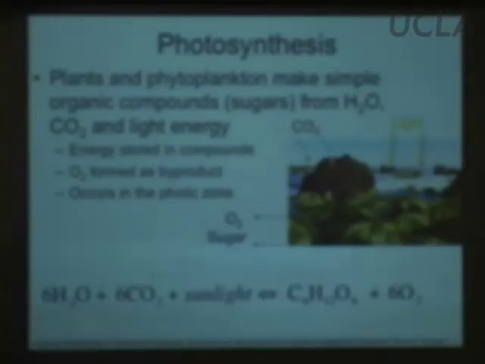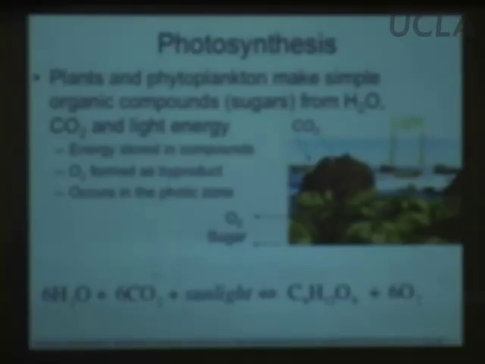Okay, photosynthesis, this is probably review for most of you, but just to get everybody on the same page. The idea here is that plants on land and phytoplankton, which are organisms drifting in the ocean that serve much the same function that plants on land do, can actually harvest energy from sunlight and use the chemical building blocks in their environment to create organic material.